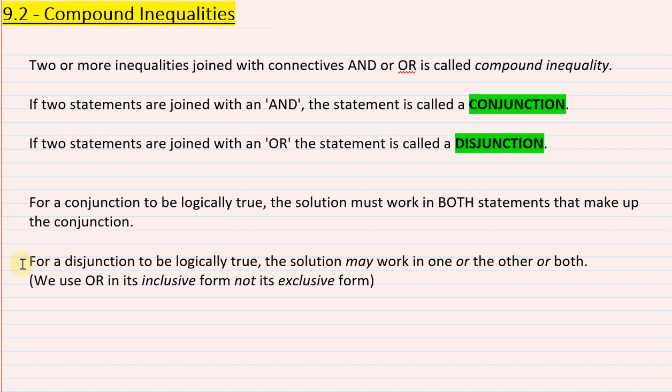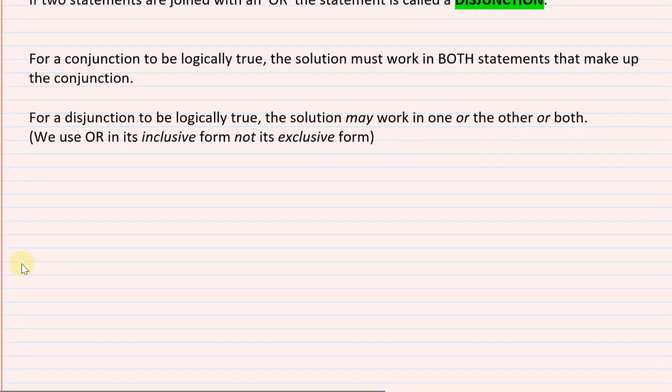Whereas in our work, it would be as if the waiter or waitress asks you, would you like soup or salad? And you say, I want both of them. That would be the inclusive form. So in everyday life, we typically think exclusive or, but in mathematics and statistics and most sciences, we think of it in its inclusive form. Okay, I just want to clarify that.